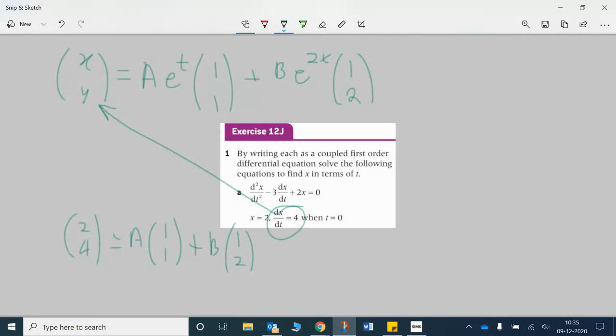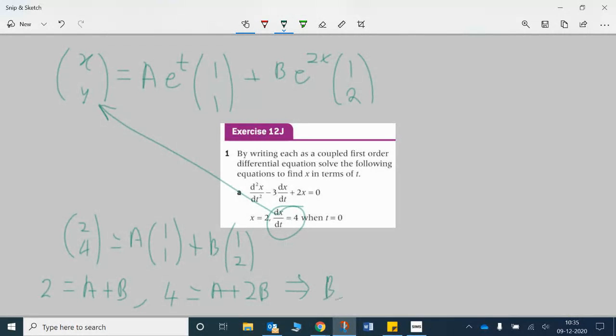So we're going to get two simultaneous equations. We get 2 equals a plus b, and we're also going to get 4 equals a plus 2b. Now, it turns out that the solutions to those are b is equal to 2 and a is equal to 0.